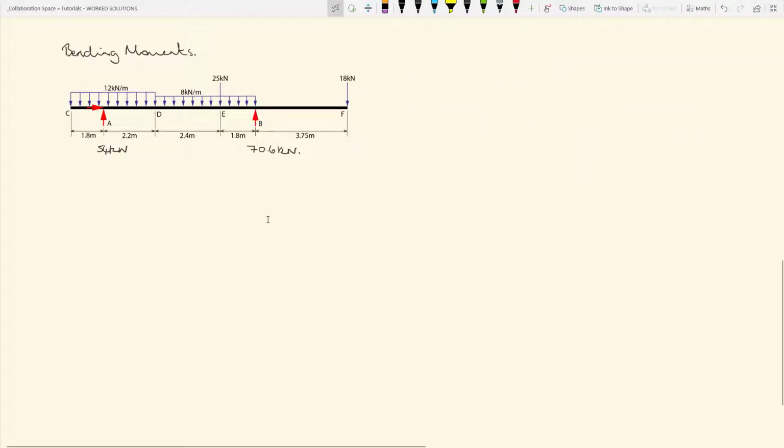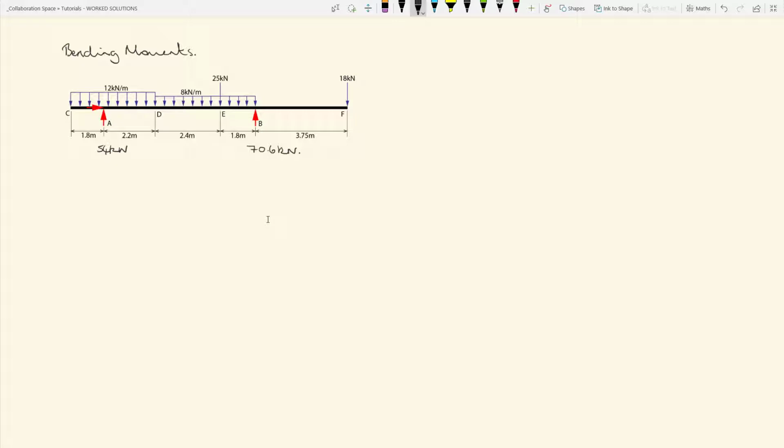Okay, so what we want to consider is the bending moments at A, C, D, E, B and F. So that's the various points along the beam, either where the vertical actions appear or where you have a change in the load. So starting at C, we know that the bending moment at a free end of a cantilever equals 0.